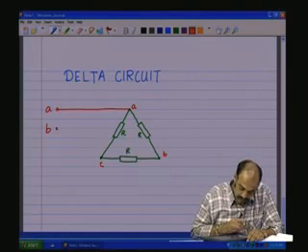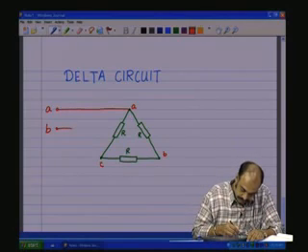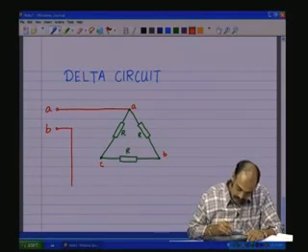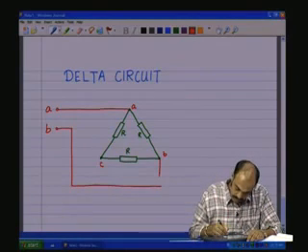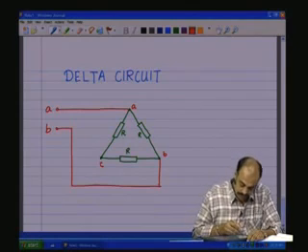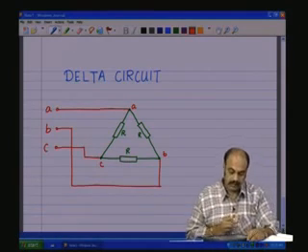The B line of the source is connected to the B line of the source. Then you have the C line of the source connected to the C terminal of the circuit here as shown.